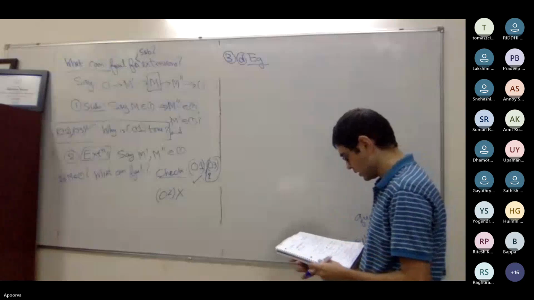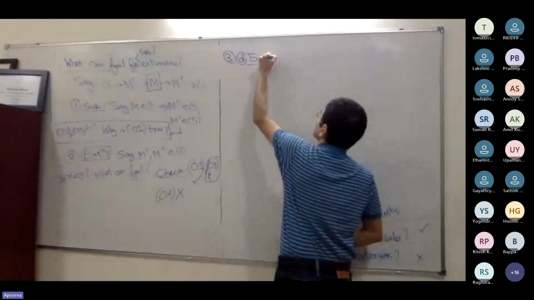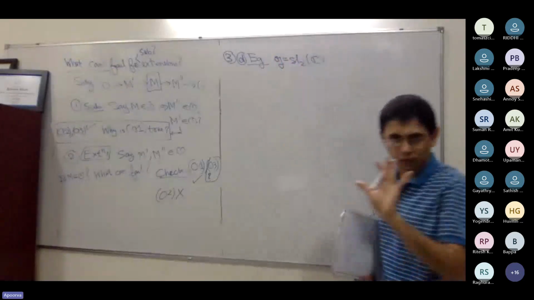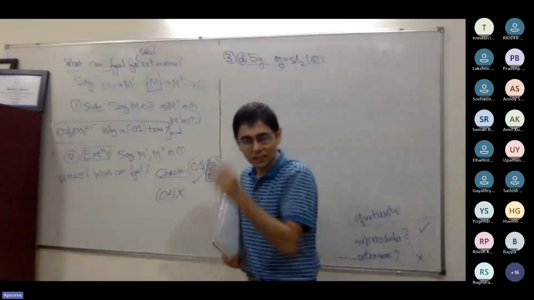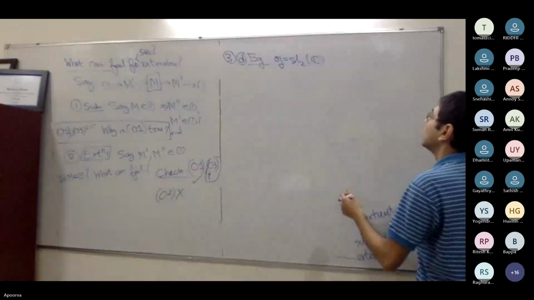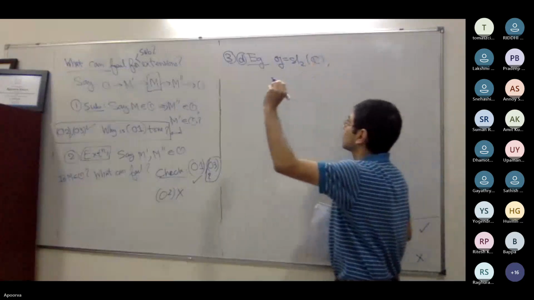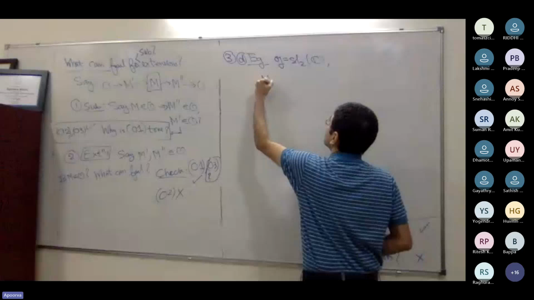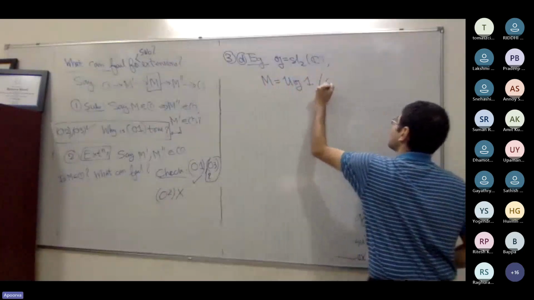So here is an example. Let's say G is SL2, just for simplicity. The example makes sense over any semisimple Lie algebra, but let's do SL2. So M is, remember what the Verma module was.